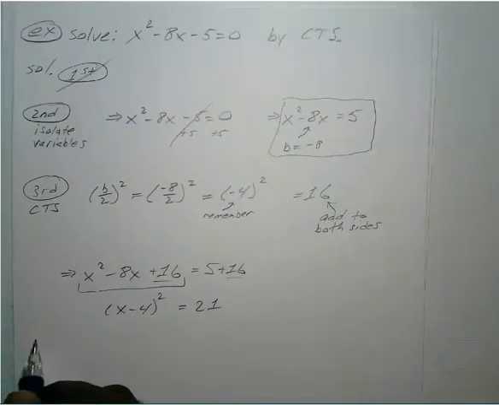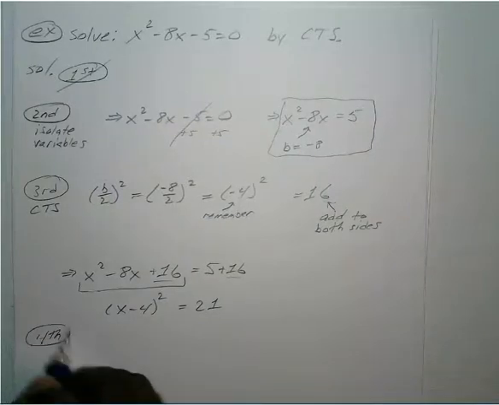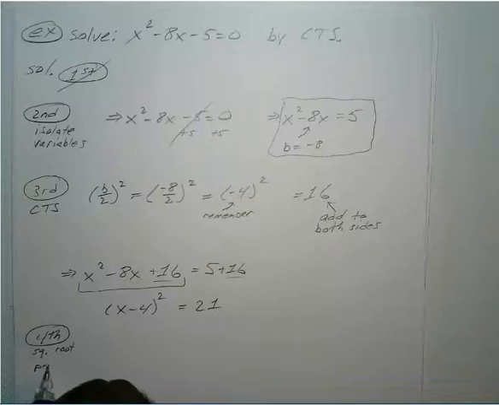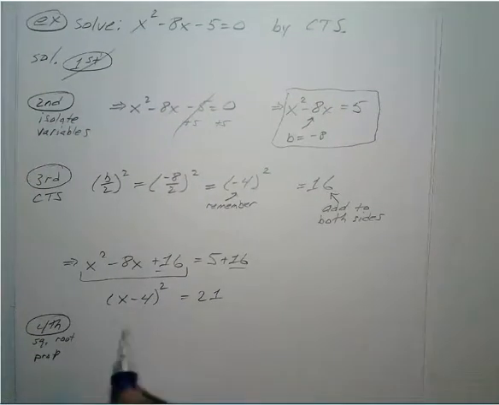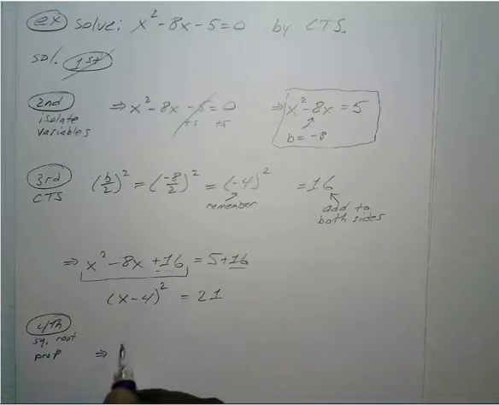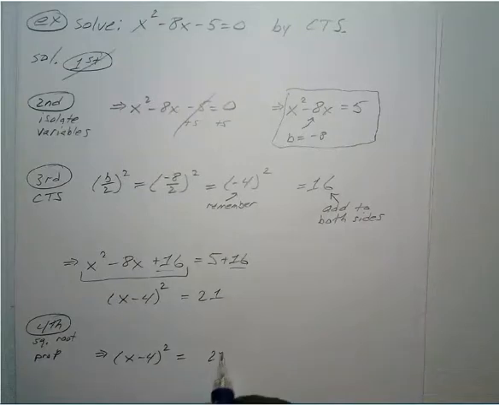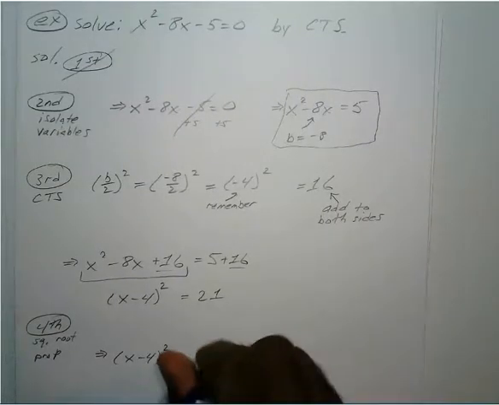So that brings us to your fourth step, which is the square root property. So we have x minus 4 squared equals 21.